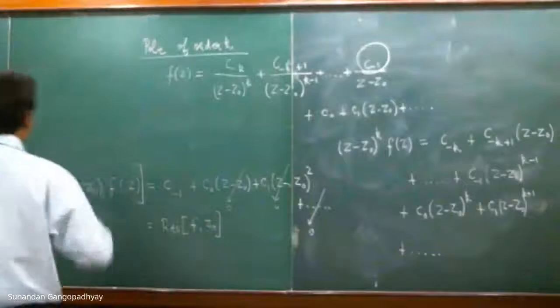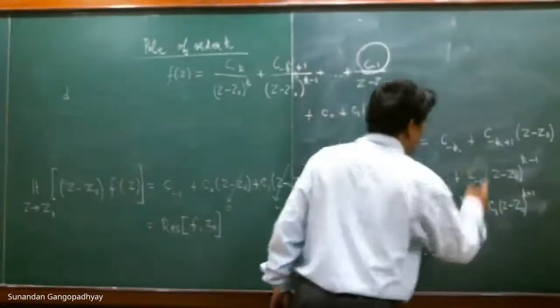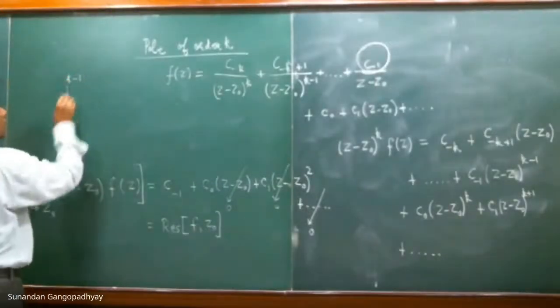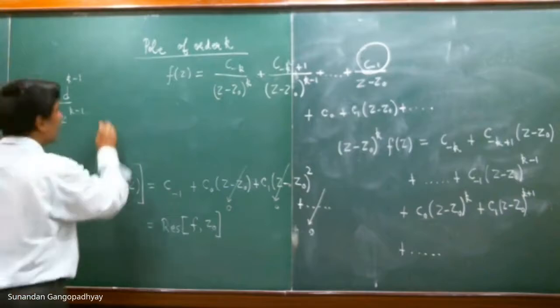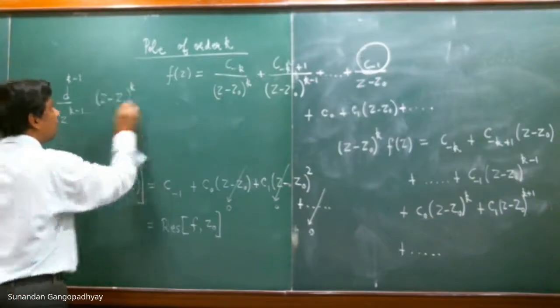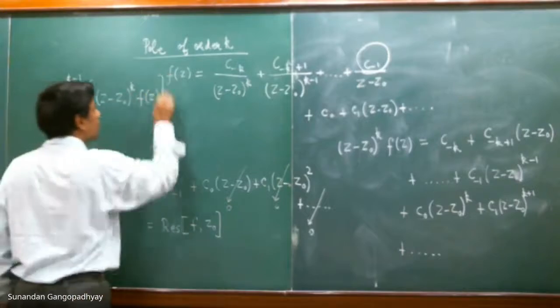So now, our aim is to find this coefficient. In order to isolate this coefficient only, what we can do is differentiate both sides of this equation k minus 1 times.